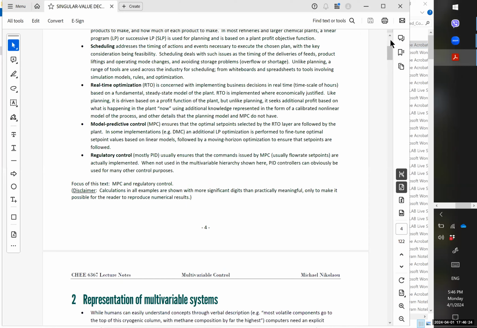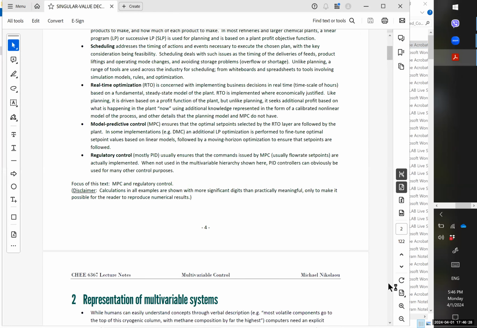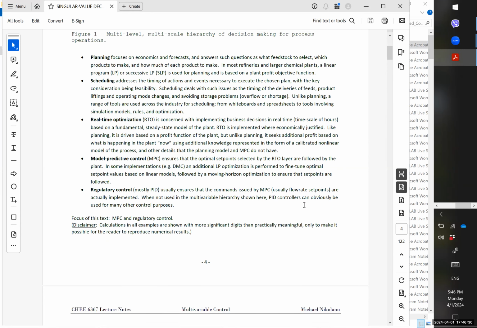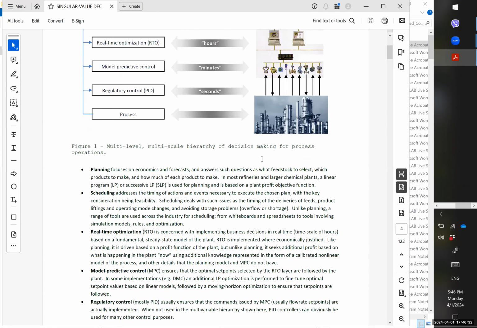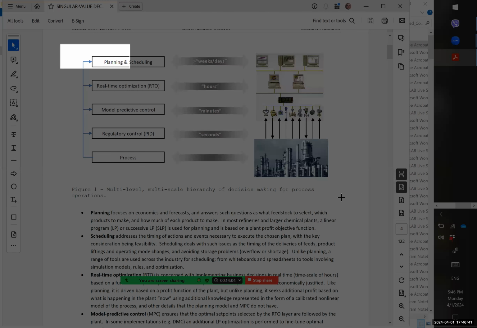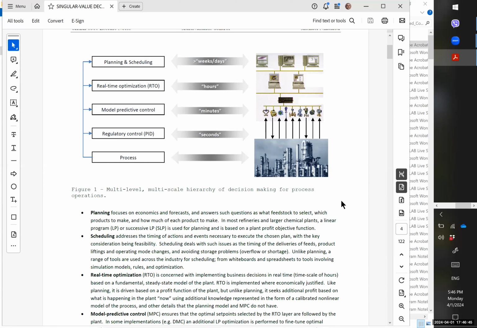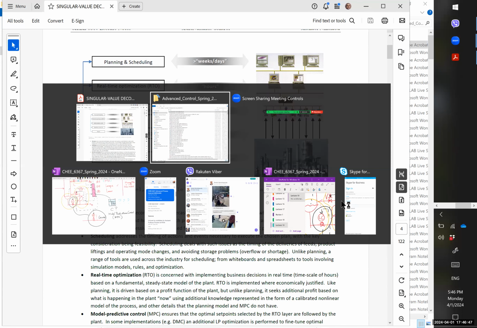It's this first figure in the introduction that I want to focus on here, which we discussed already earlier on, but it's worth discussing again because it's at the essence of how most refineries, practically all refineries and chemical plants, are being controlled today.